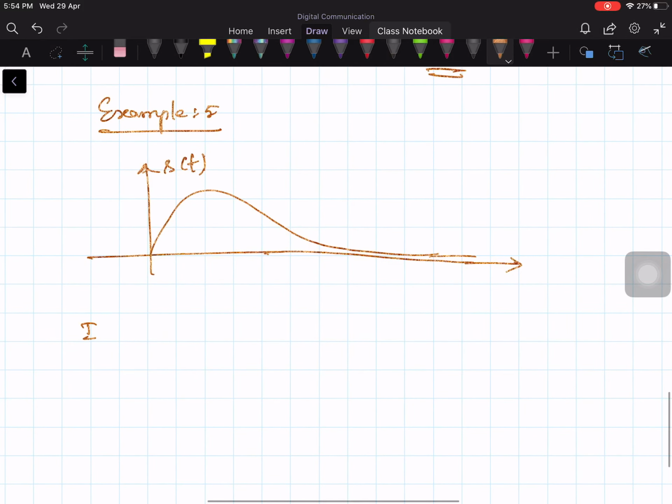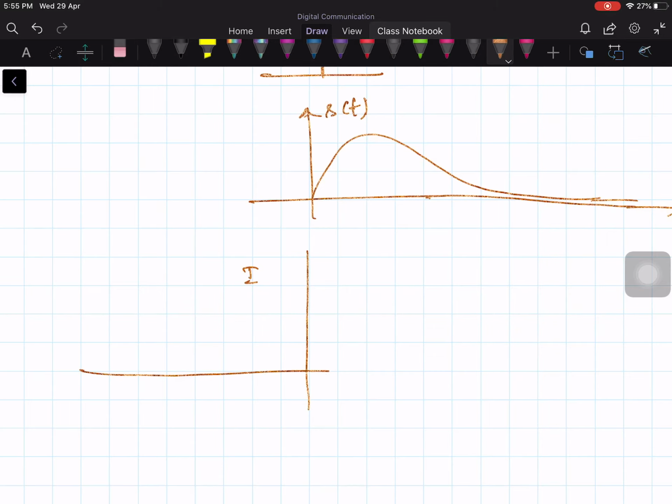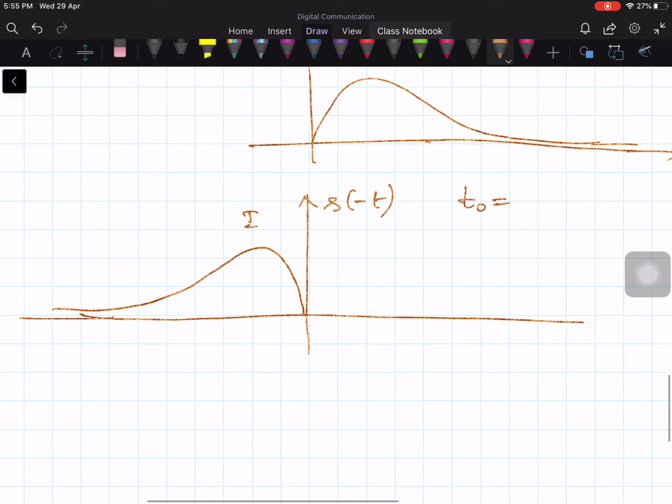The first step is to reverse the time axis, s of minus t, and choose some arbitrary value T naught, because here the pulse duration capital T is infinity.